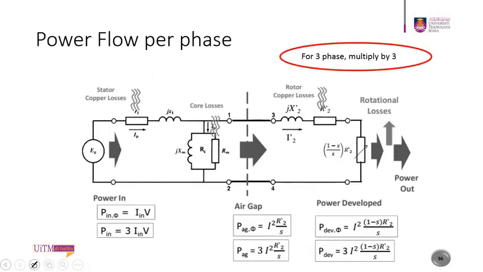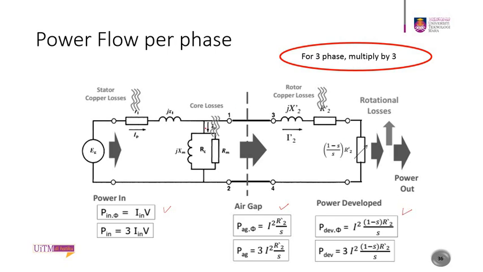Then we look into the power flow per phase. This is the calculation for power in, and then you have the core losses and the rotor copper losses. Then you have the air gap calculation, the power in the air gap, and then the power developed or power out.